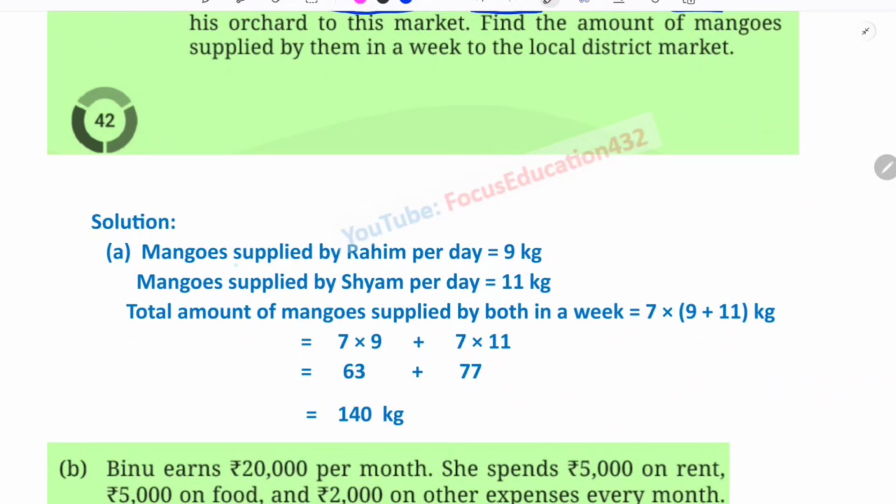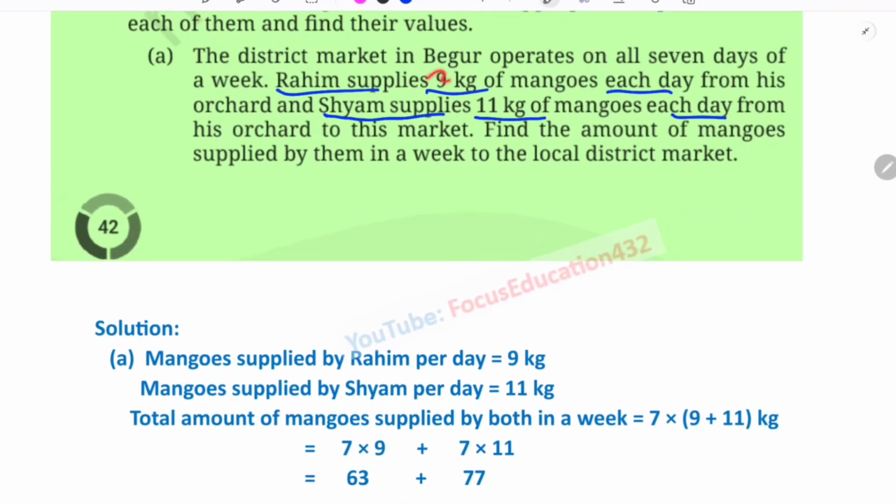Now, mangoes supplied by Rahim per day, 9 kg. Whatever is given, first we have to write. What about mangoes supplied by Sham per day? 11 kg. So throughout the week they are supplying, that means 7 days in a week.